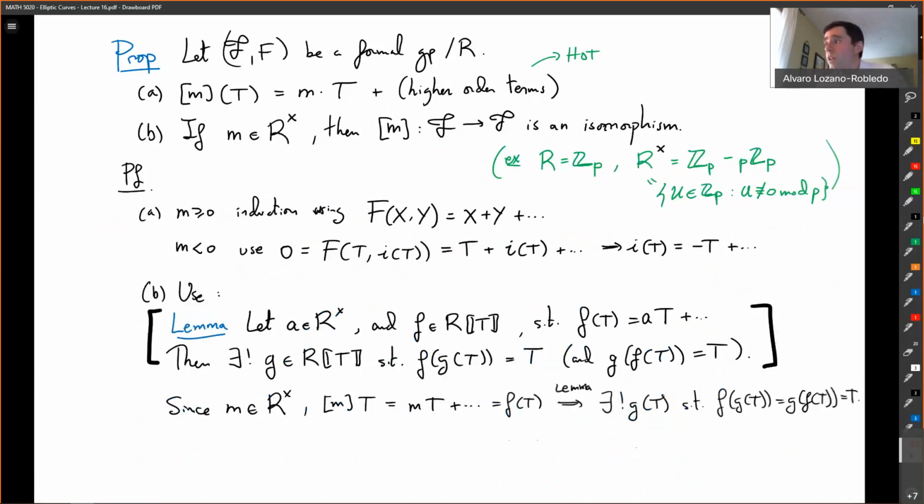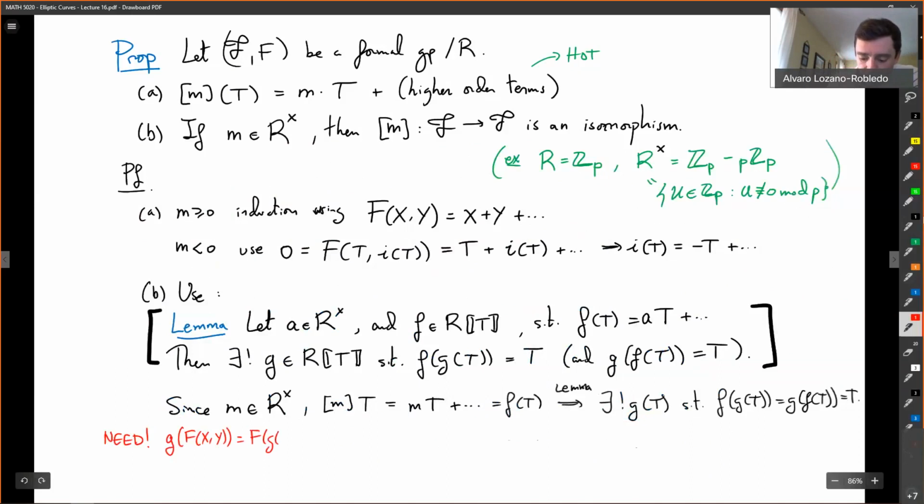So what is it that I need? I need to show that g of F(xy) for my formal group is F(g(x), g(y)). I need that. So let me show that part.